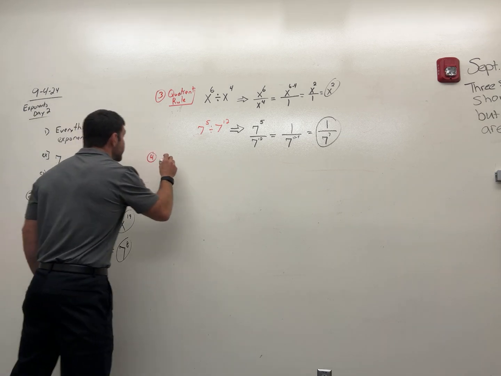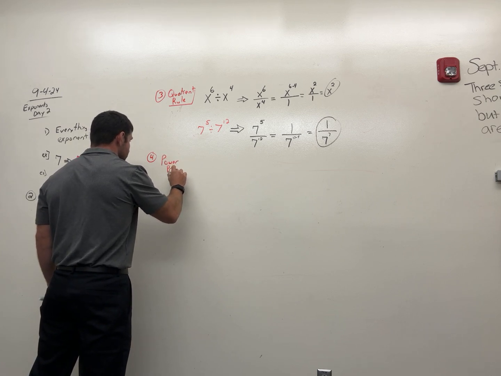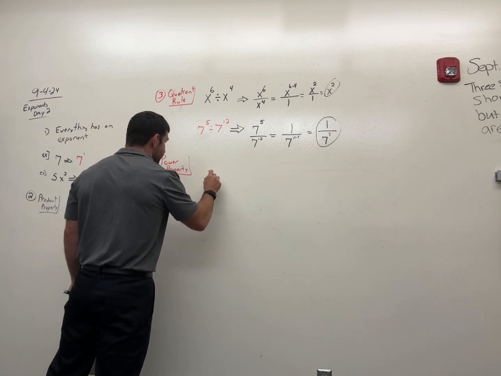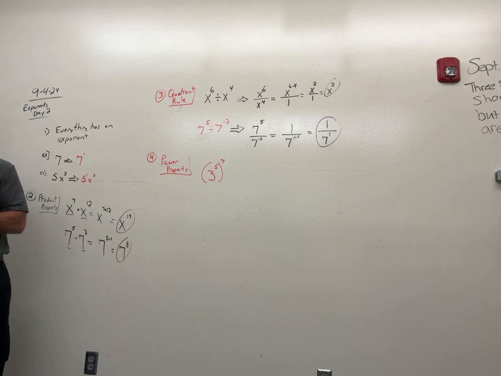Fourth one is the power property. 3 to the 5th, all raised to the 7th. It's a power raised to another power.